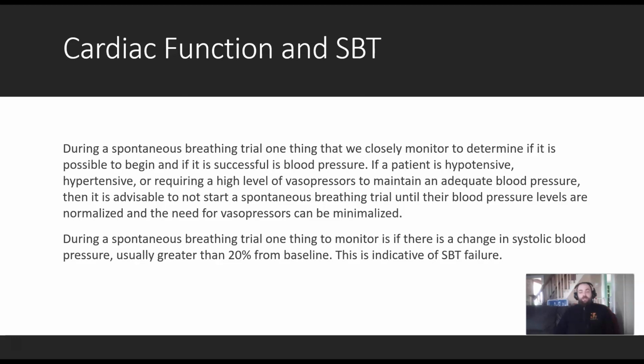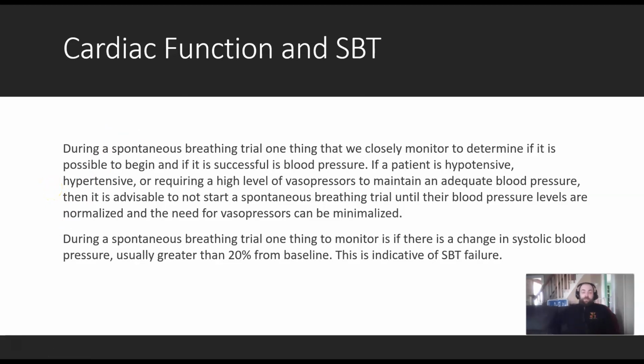So if a patient is hypotensive, hypertensive, or requiring a high level of vasopressors to maintain adequate blood pressure, then it's advisable not to start a spontaneous breathing trial, because obviously whatever disease process is causing these fluctuations in blood pressure or the need for blood pressure support isn't relieved yet. So once you can get those blood pressures to normal levels, or the need for vasopressors minimized, then you can begin to consider a spontaneous breathing trial.